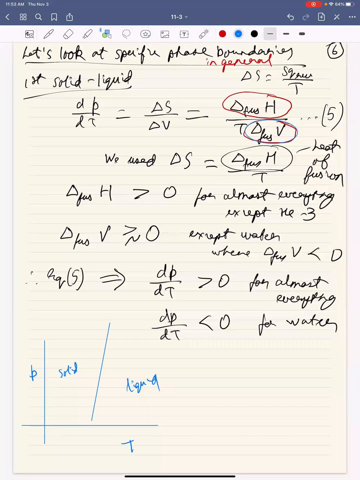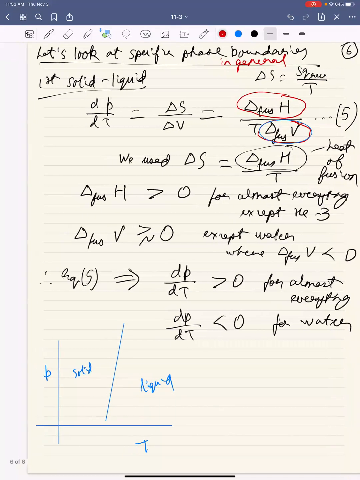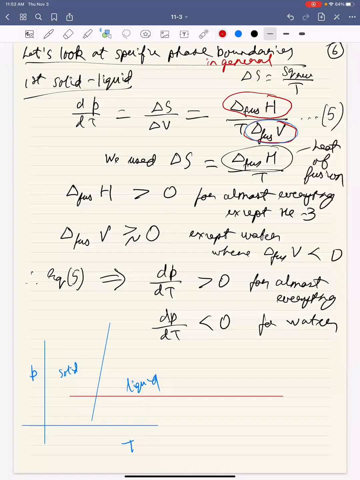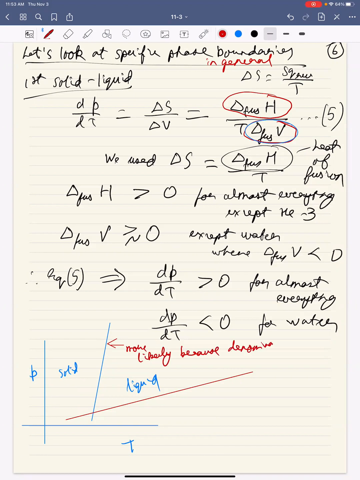I did not draw, for example, a curve that looks like this. This is less likely, because the denominator in equation 5 would have to be close to 0.